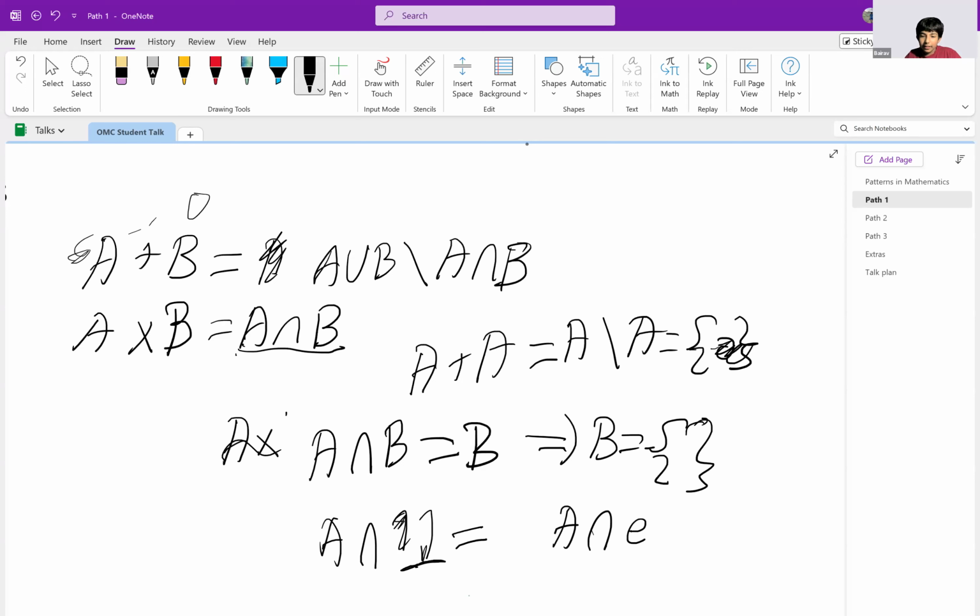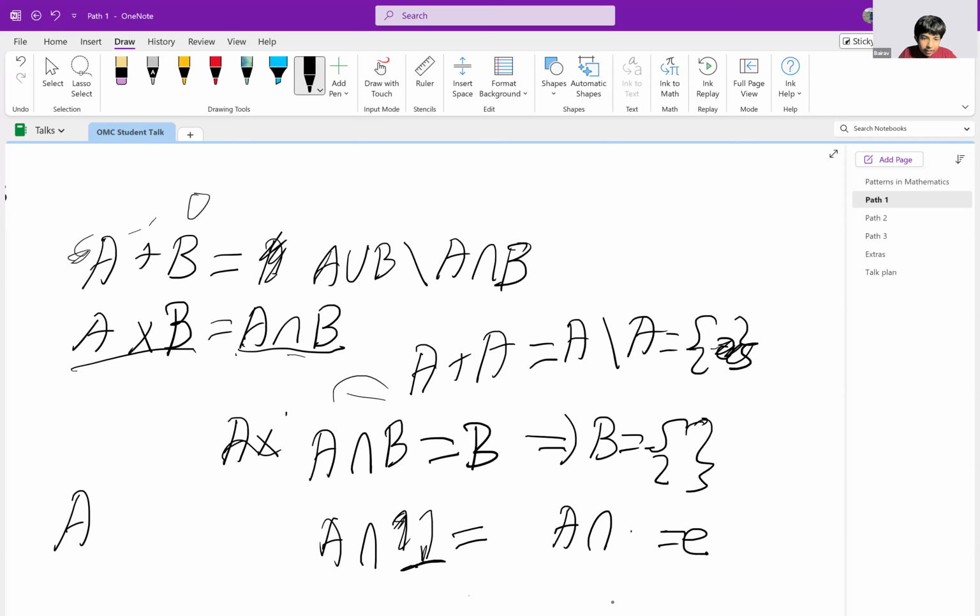So this means that A intersection E is equal to A for every set A, and we'll call it the identity since we are defining multiplication as intersection. Okay, so for every set A, all right. Yes. Well, actually, sorry.